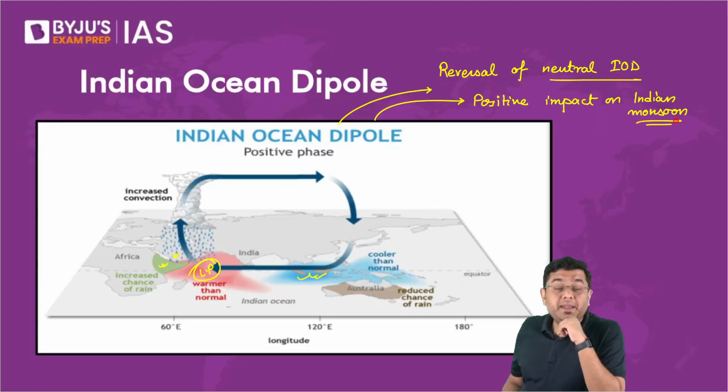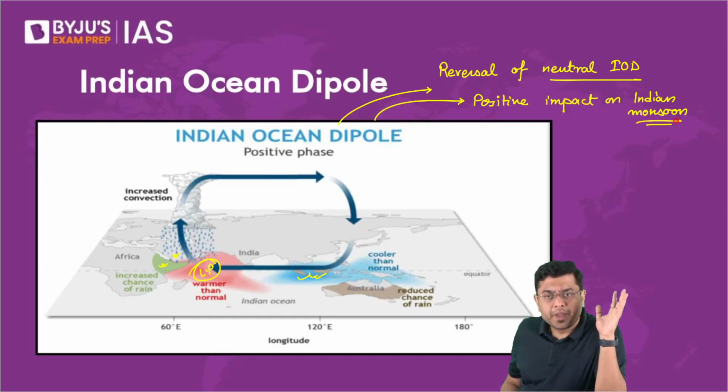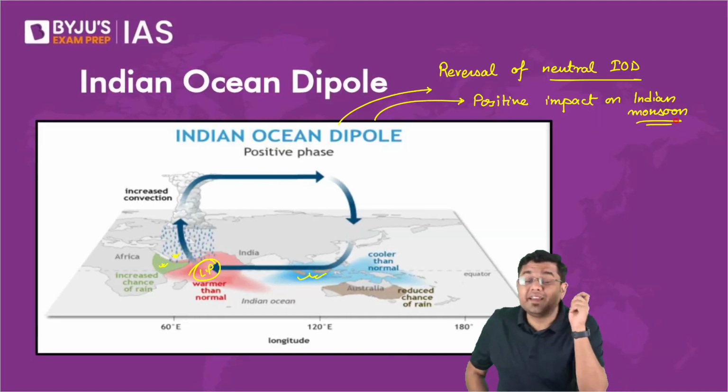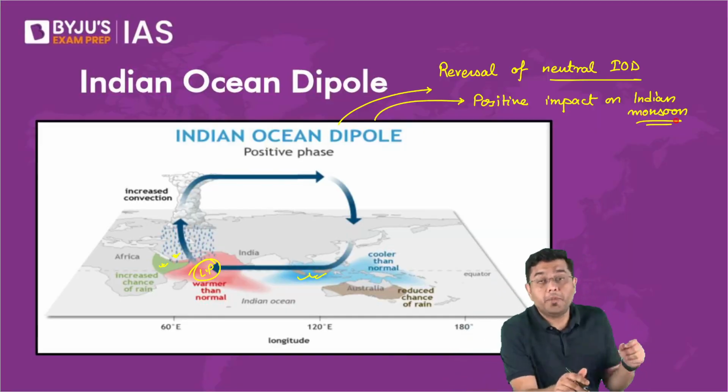For example, in the year 97-98, the Pacific was heated up beyond the expected proportion, and the El Nino conditions which were created were amongst the strongest in the last century. So India was expecting a severe drought-like condition. India was expecting that we would receive maybe around 70% of our expected rainfall. But India ended up receiving close to 97% of the expected rainfall.